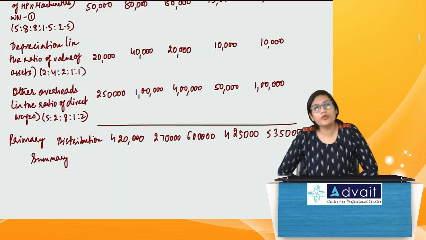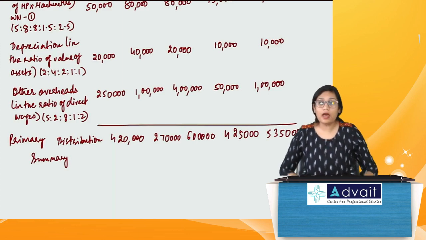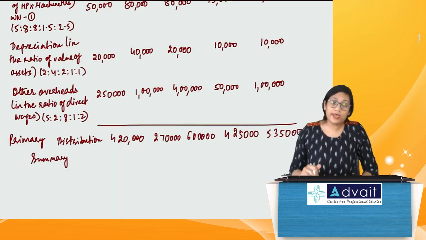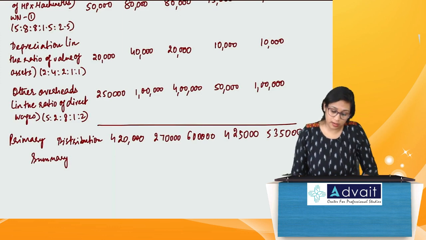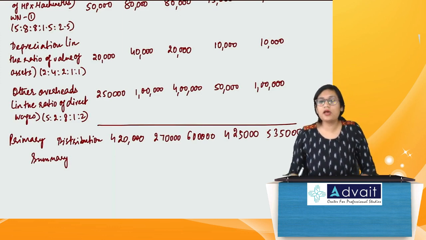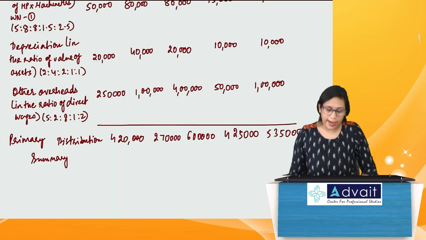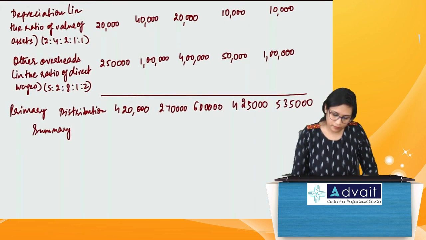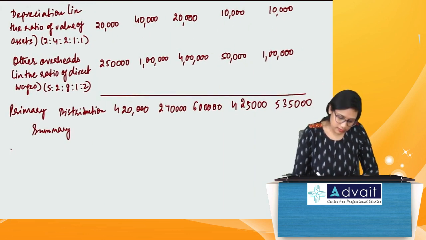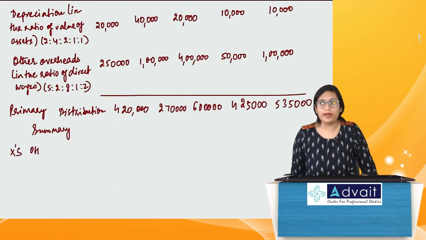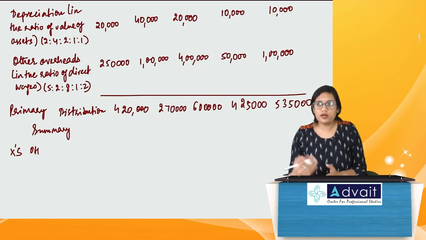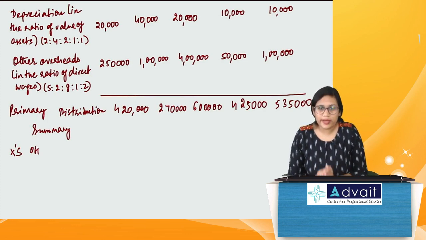Guys, now I have to do the reapportionment, but using the repeated redistribution method. Please note X is serving Y, Y is serving X. So let's do this using repeated redistribution method. So first, let's divide X's overhead. Because this is a different method, we are not going to use simultaneous equations.